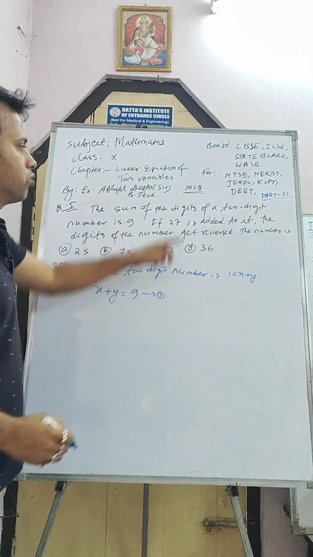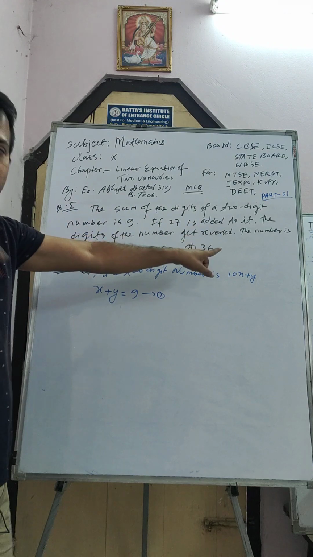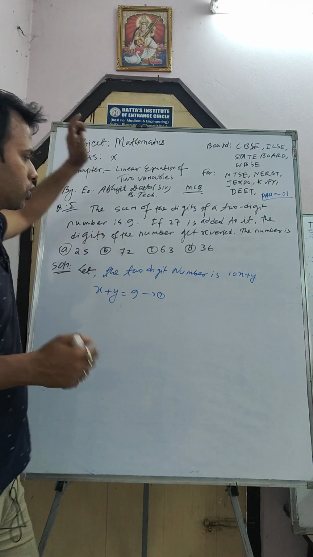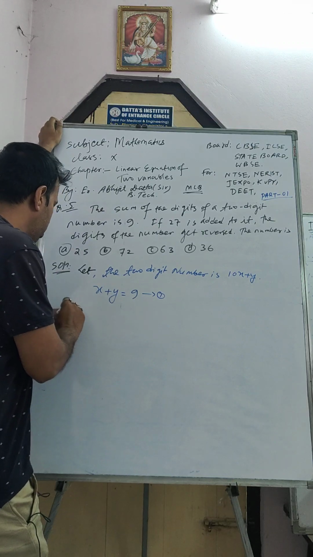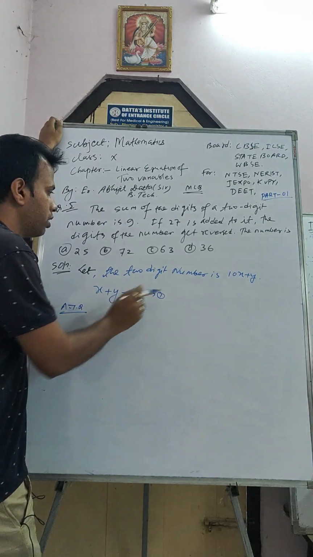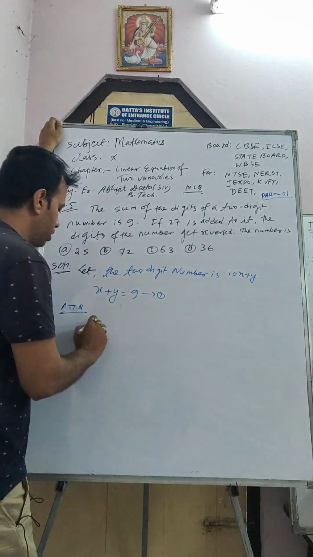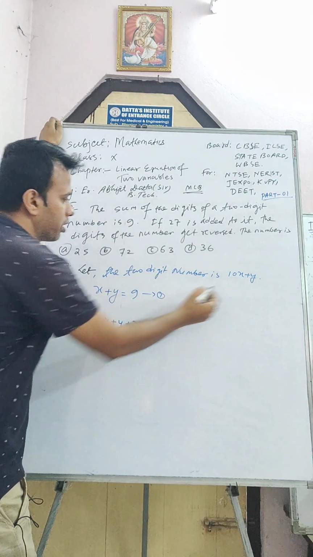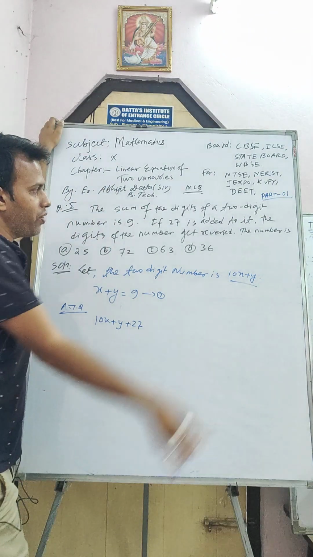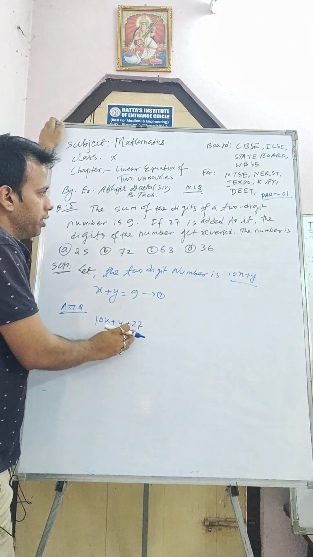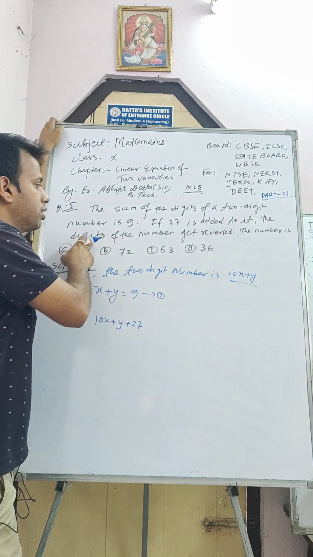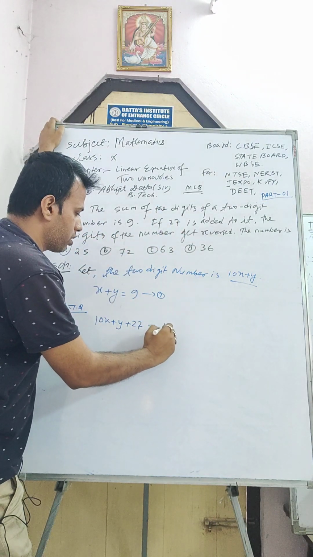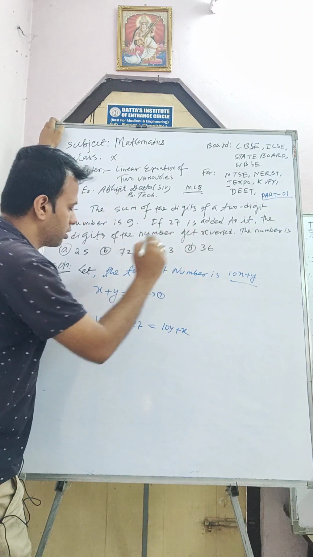Now if 27 is added to it, the digits of the number get reversed. That means according to the question, if I add 27 to 10x plus y, it will become 10y plus x, that is reversed.